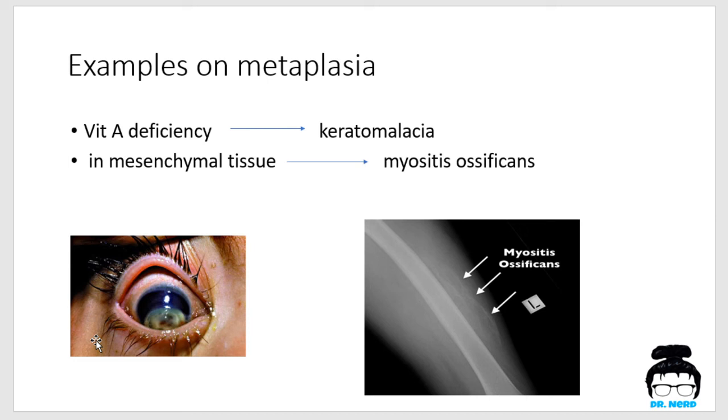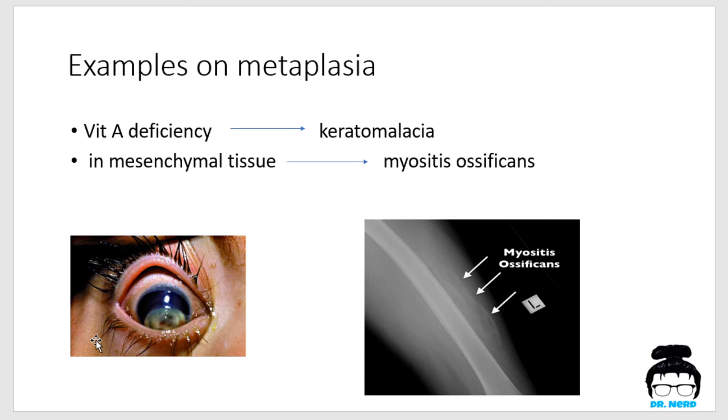When someone has a vitamin A deficiency, this will lead to reprogramming of the stem cells of the eye. Normally, the eye's epithelium is simple squamous non-keratinized epithelium.